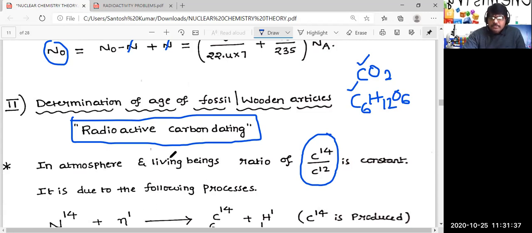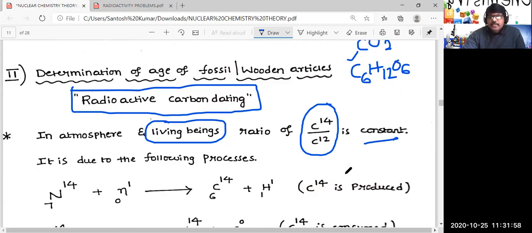But in atmosphere and living beings, not in dead bodies, right? So as long as it is having life, the C14 to C12 ratio is constant. How it is constant, let us see.